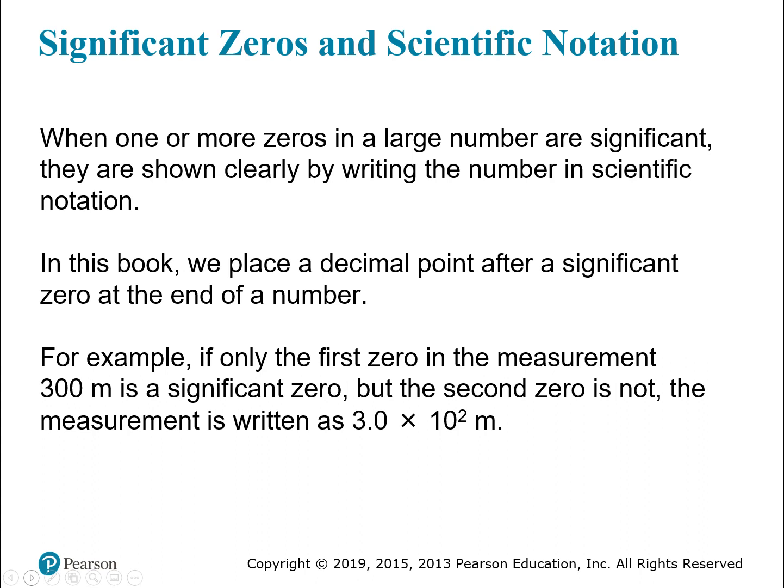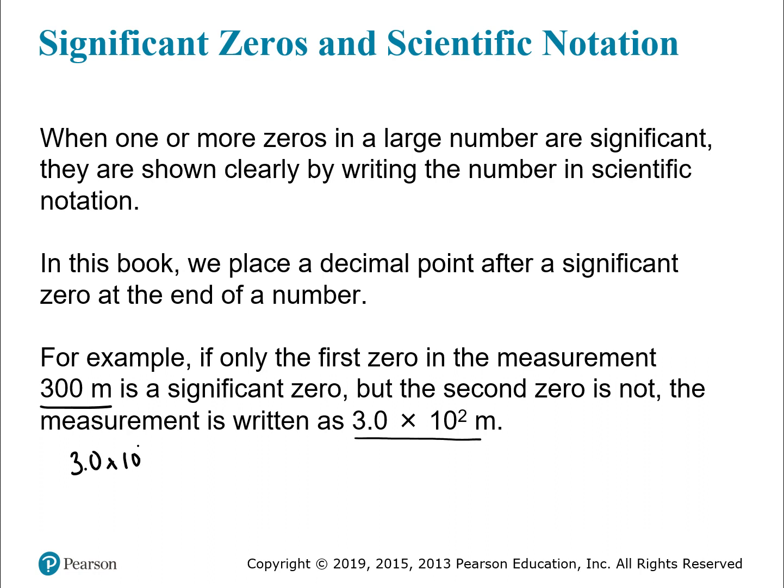That's always a plus, right? In this textbook, they will place a decimal point after a significant zero at the end of a number. So here's the example that's given. If only the first zero in 300 meters is significant, but the second one isn't, it will be written in scientific notation.